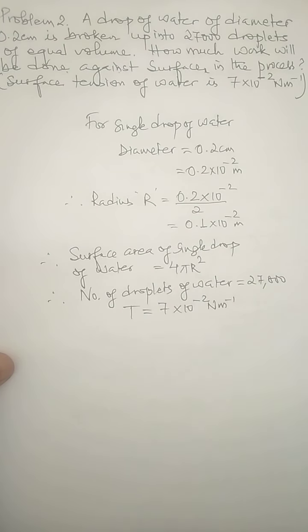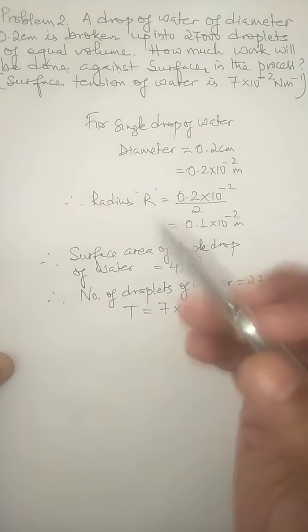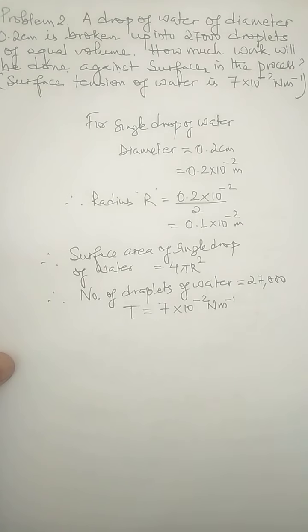In order to calculate this work done, children, we take the surface tension, which is already given, and we calculate the increase in surface area. But one important part you need to keep in mind: this single drop of water has a volume.